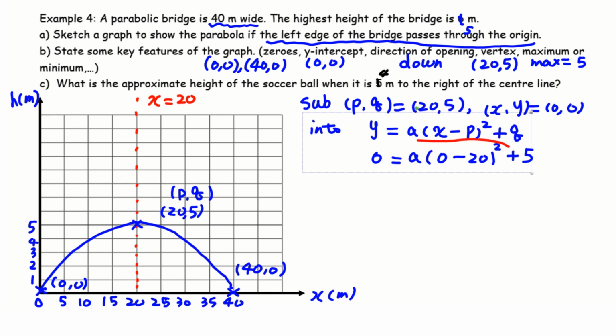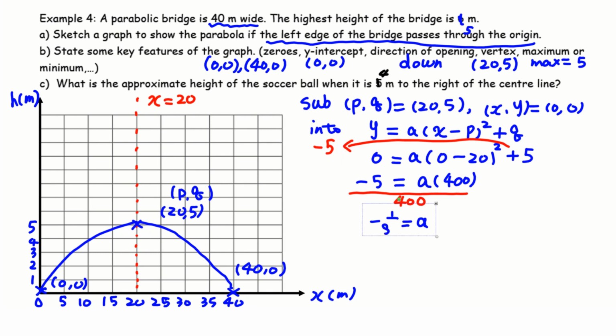We move the 5 to the other side, the opposite operation. Then we have negative 5 equals a times 0 minus 20 squared, which gives you 400. So we move the 400 to the other side by doing the opposite operation to multiplication, which is division. Then we have a equals negative 1 over 80.